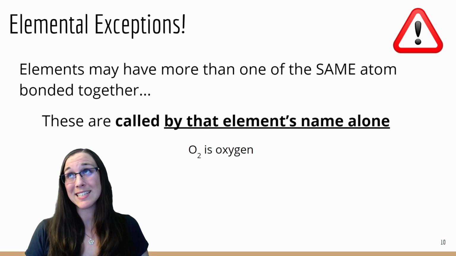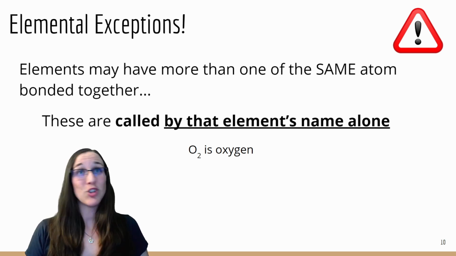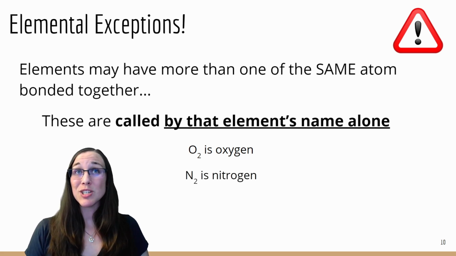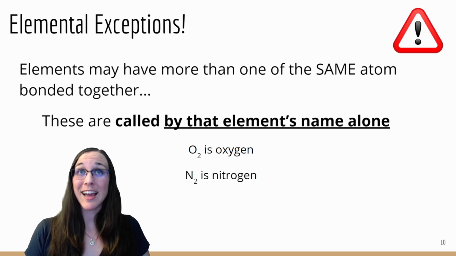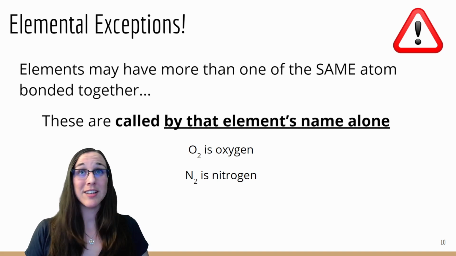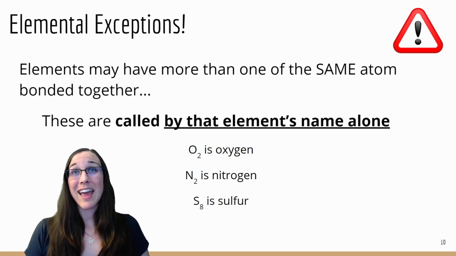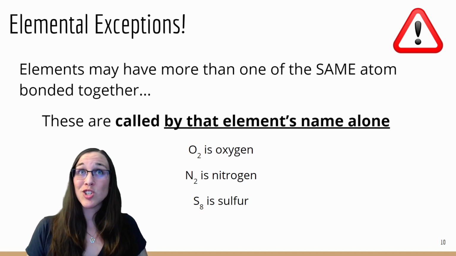You wouldn't say dioxide, just oxygen. N2 is just nitrogen. It's a diatomic. You wouldn't say dinitride or dinitrogen. You would not say that. It's just nitrogen. S8 is just sulfur, not octasulfur, not octasulfide, just sulfur.